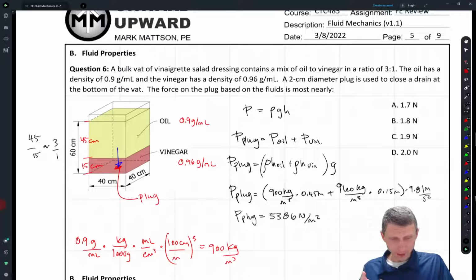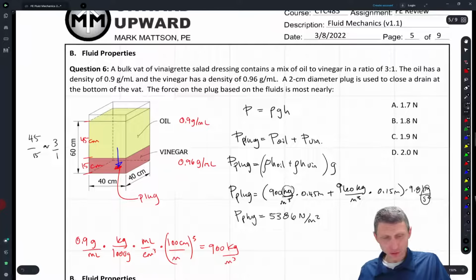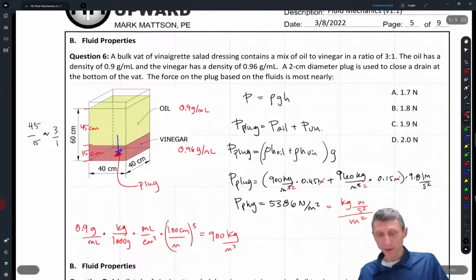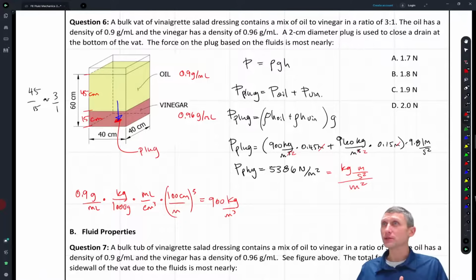Okay, so that's going to work out, because a kilogram meter per second squared is our newton, and what's left here is meter squared. So the units are kilograms meters per second squared divided by meters squared. That's 1 newton per meter squared. Again, those metric units, especially if you're not familiar with them, can be a bear.